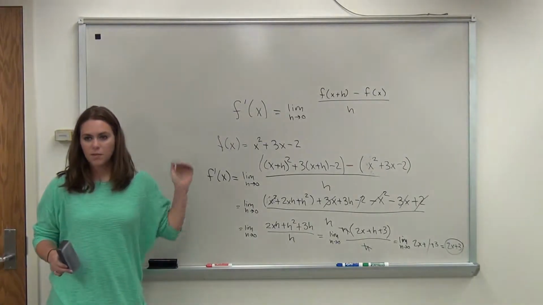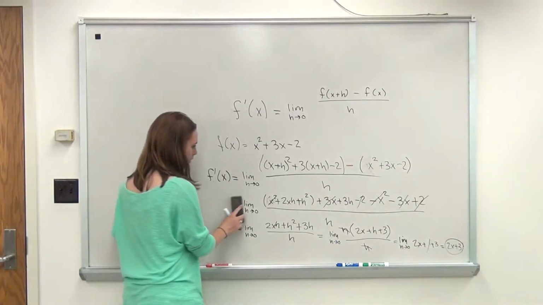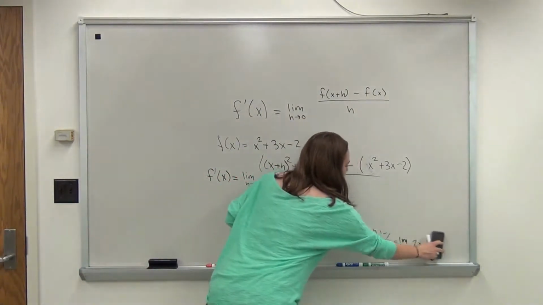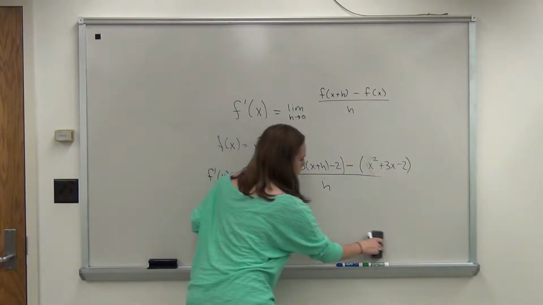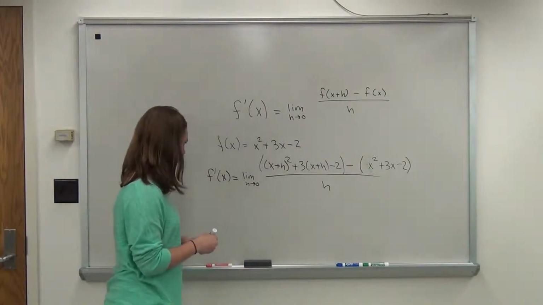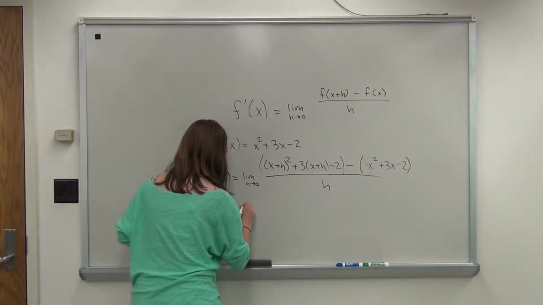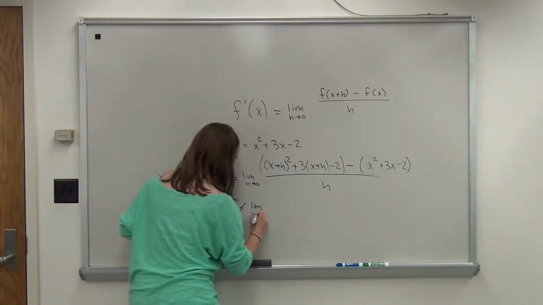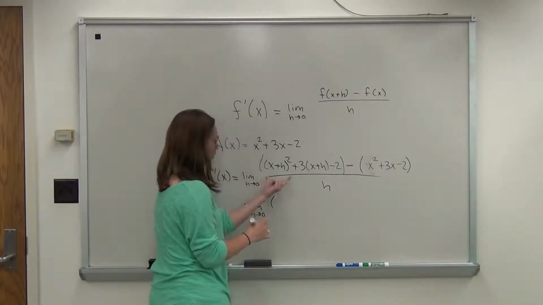So now we're going to see what happens if we would not have distributed our negative correctly. This part is still the same.